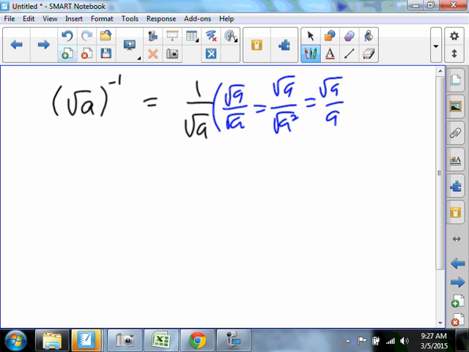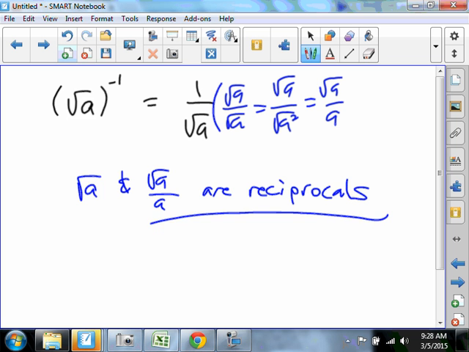So what I want you to know is that rad A and rad A over A are reciprocals. We all know what reciprocals are, right? Where you take a fraction and flip the fraction over.